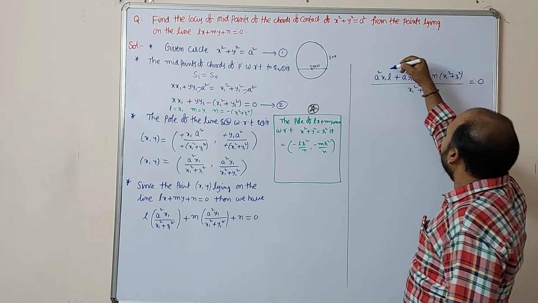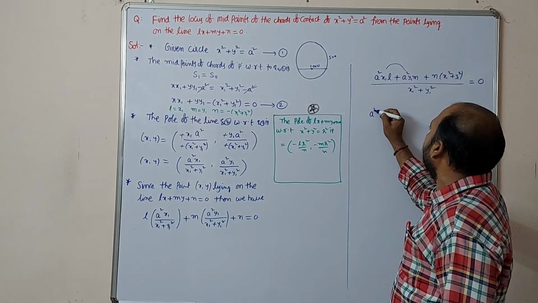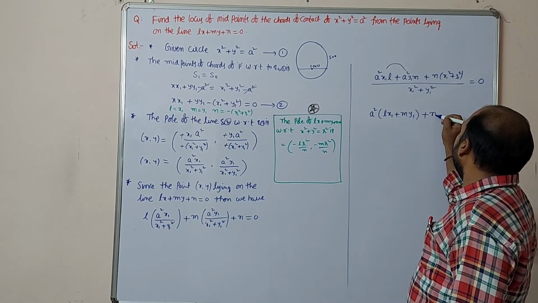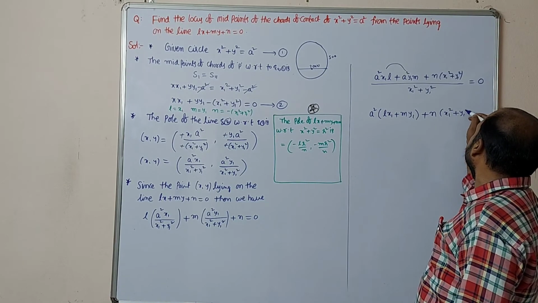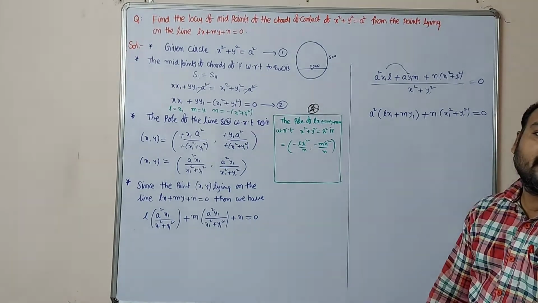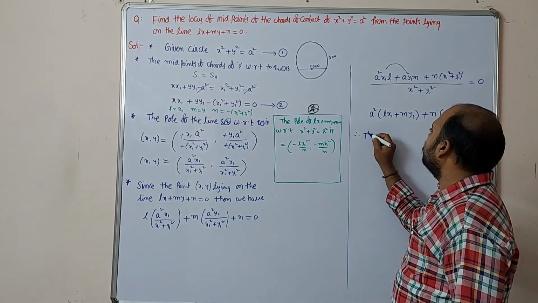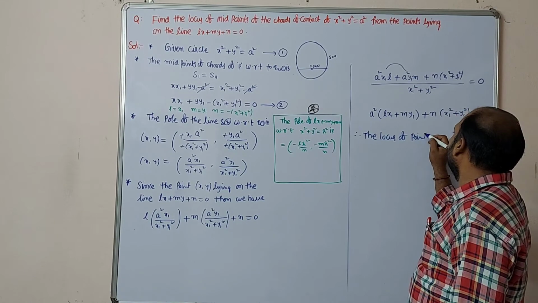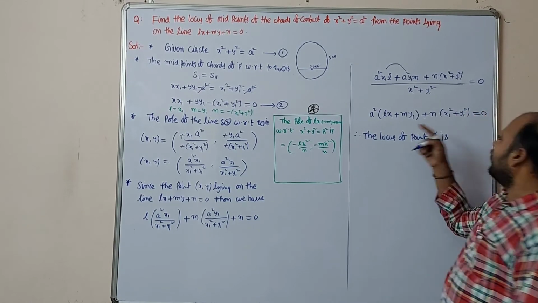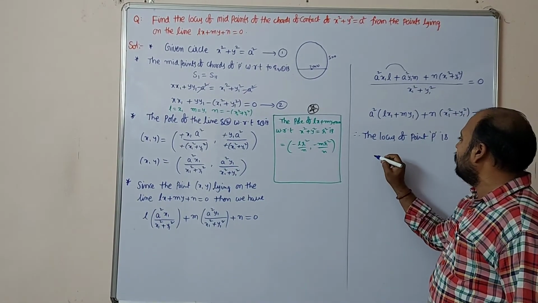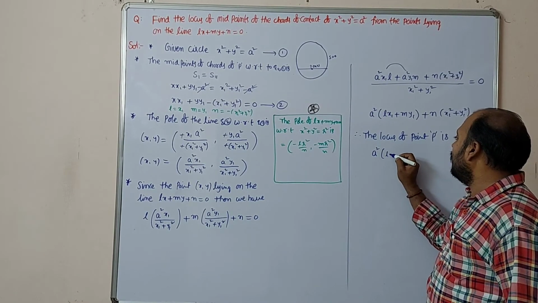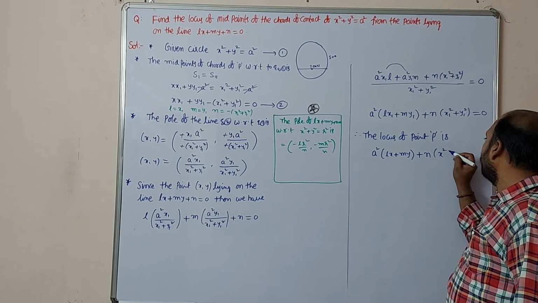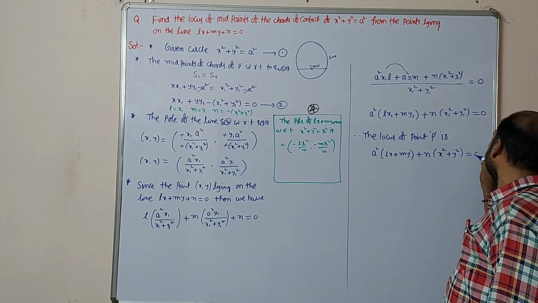So cross multiply, and from these two a square take common, L x1 plus m y1 plus n into x1 square plus y1 square is equal to 0. Therefore, the locus of point P, so wherever x1, y1 is there, replace with x comma y. a square into Lx plus my plus n into x square plus y square is equal to 0.